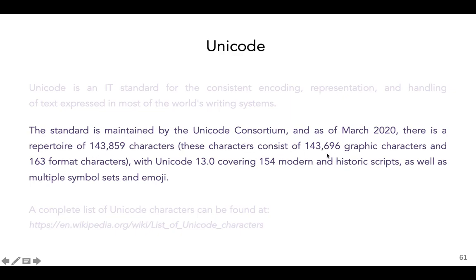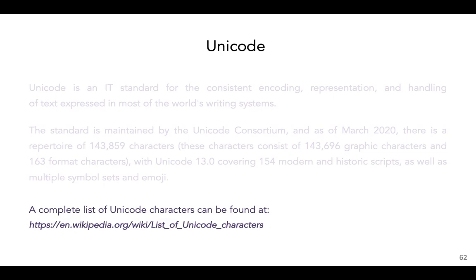These characters consist of graphic characters as well as format characters, with Unicode 13.0 covering 154 modern and historic scripts as well as multiple symbol sets and emojis. So anything you can conceive of, any kind of written communication system, Unicode provides a computer understandable code for that. For a complete list of Unicode characters, you can visit this website. There are too many to mention here, so check this link out and you'll find the Unicode for all of the characters.